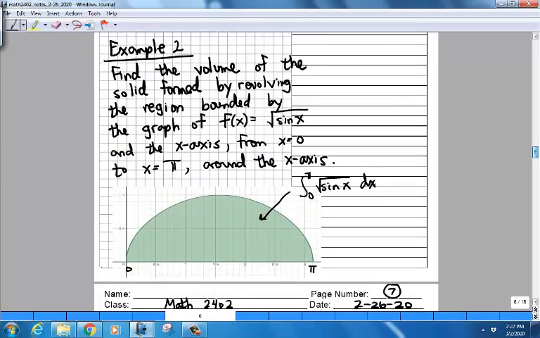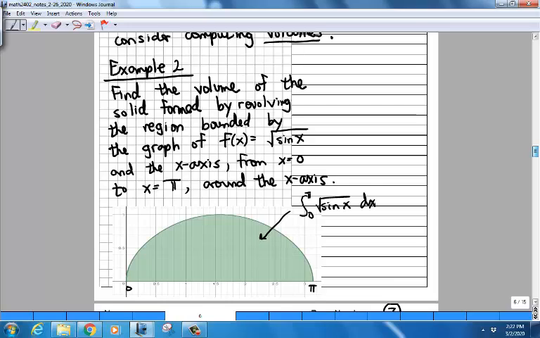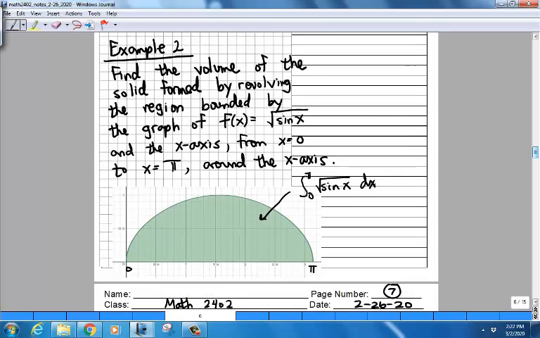All right, so let's look at our next application and see if we can get to the formula that I want to get to. In this example, it looks initially like area under a curve, but it's not. It starts with an area beneath a curve, the square root of sine of x.